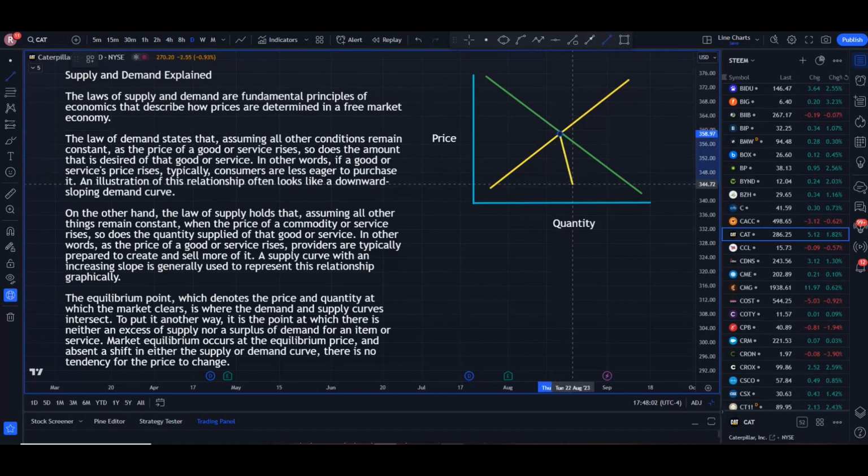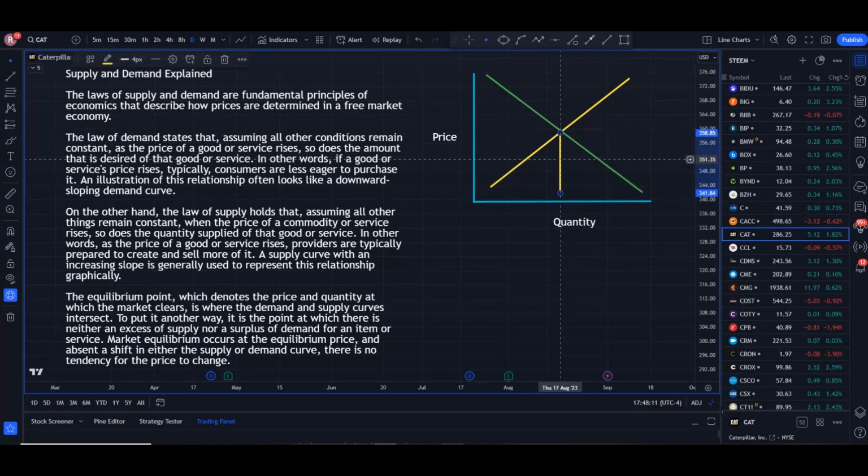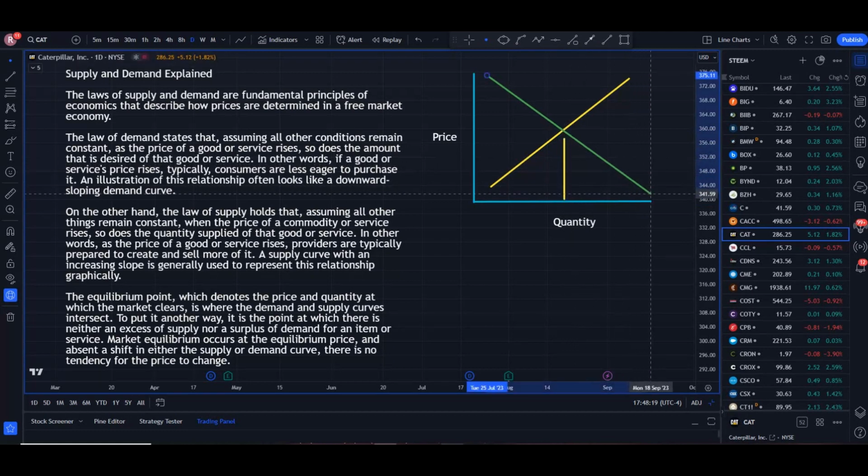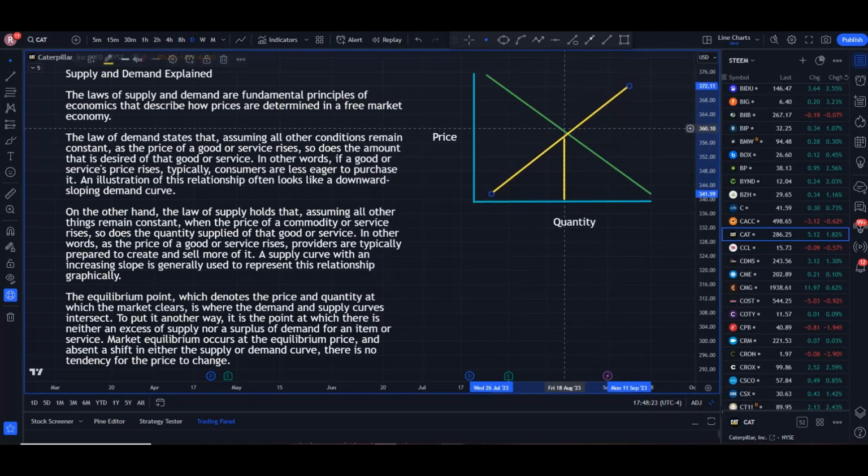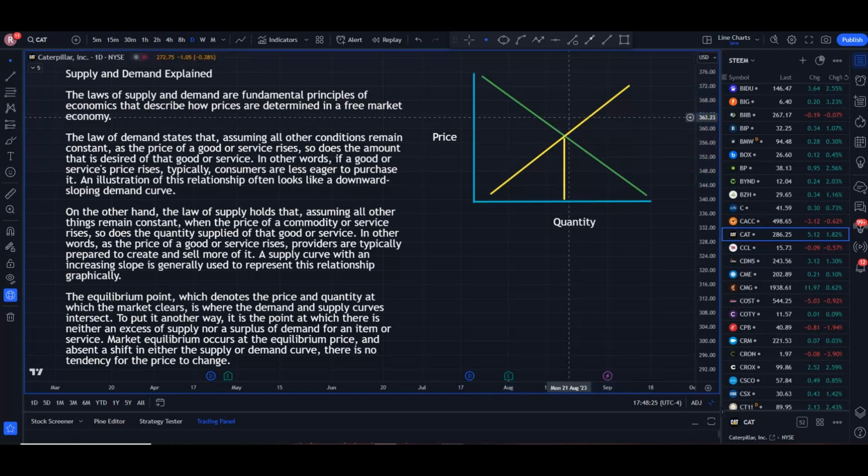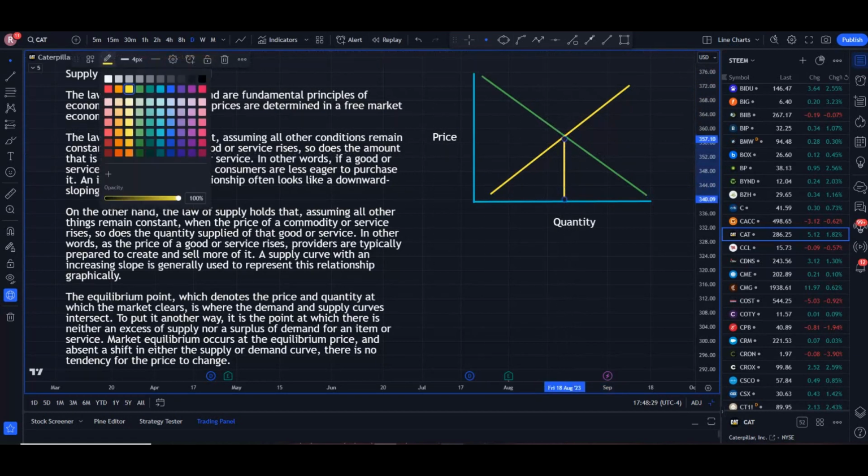So we're going to denote that. Let's move that over. Okay, I'm going to do it this way instead. We'll put that in red.